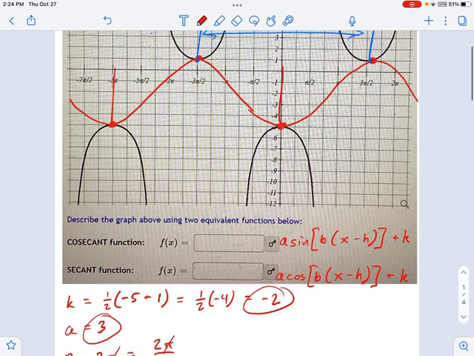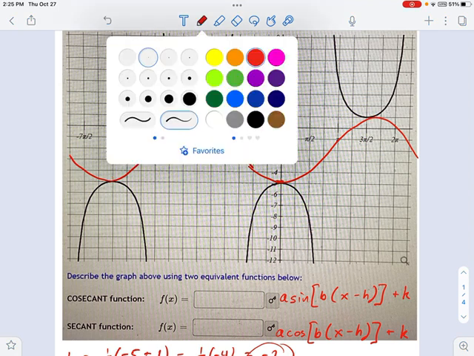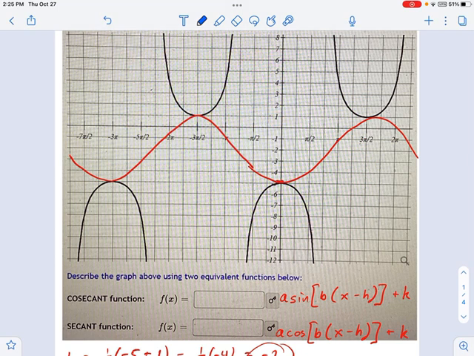H is the phase shift. So where is the phase shift? First off, we're focusing on sine curves. So you have to find the sine curve within this larger function that we've just drawn here. And I'm going to clean this up a little bit. So where is the starting point of this sine curve? Let me get rid of those dots too, because I'm going to use a dot for the starting point. I would say a good sine curve is starting, I don't know, here, right?